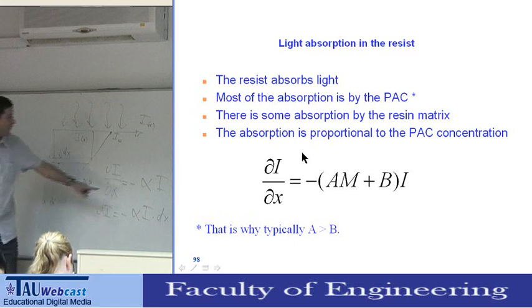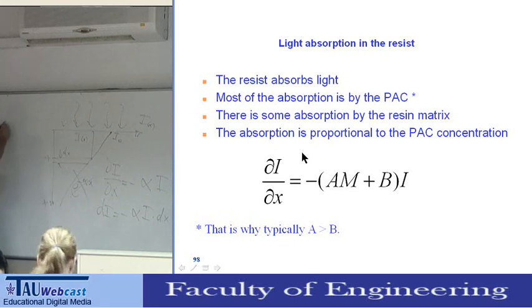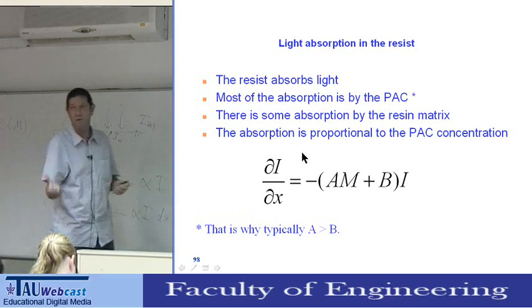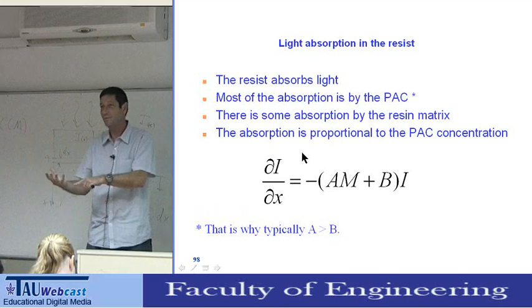The reason alpha is not constant is that the absorption is a function of M, because M is the amount of the molecules that absorb the light.